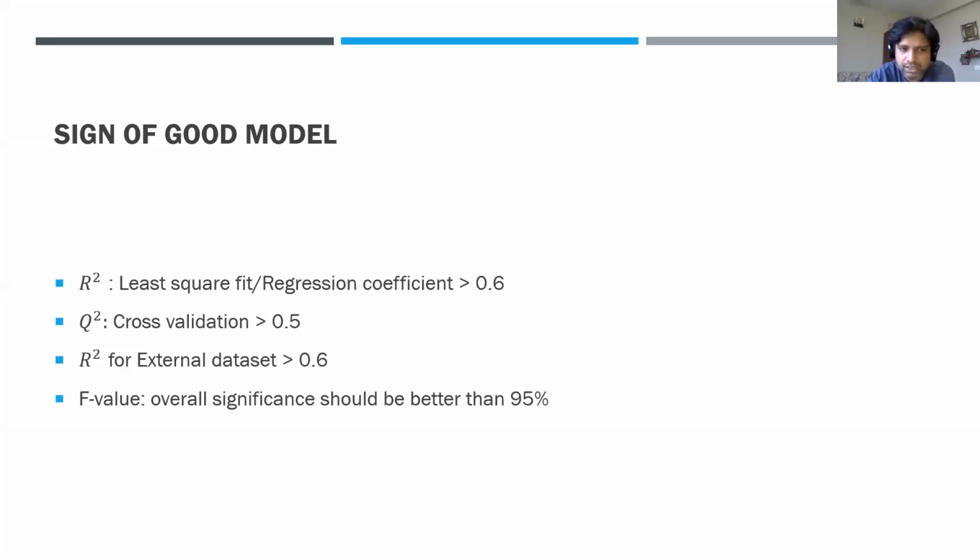It also says that it should hold not only on the set that you built your model on, but also on the external data set. If your regression coefficient is greater than 0.6, then only you can say your model is reliable.